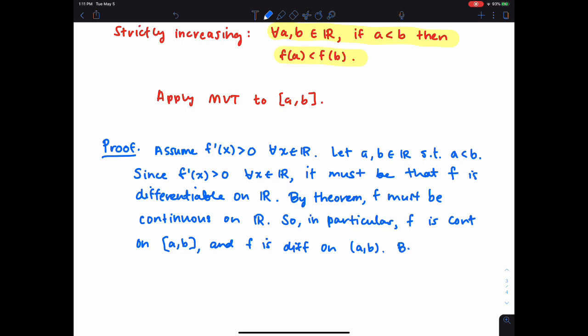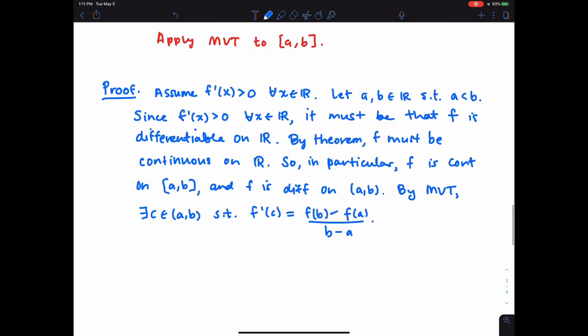So then by the MVT, there has to exist a C in (A,B) such that f prime of C is equal to (f of B minus f of A) over (B minus A). But remember our assumption. We assumed that the derivative was always bigger than 0.